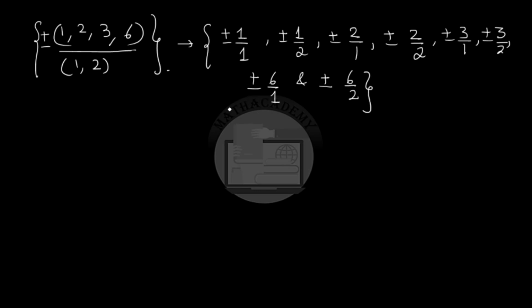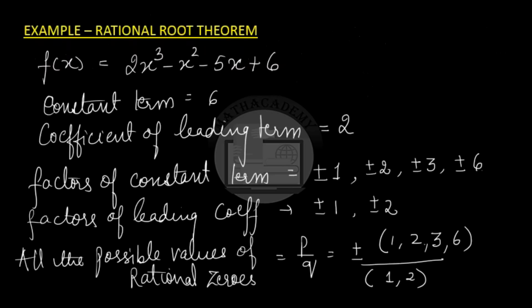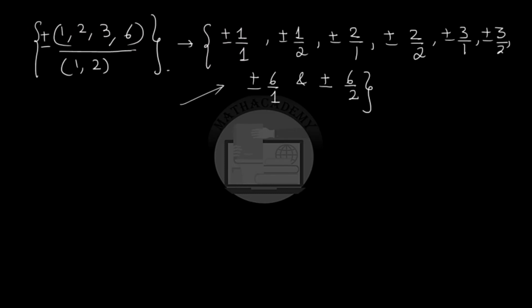These are all the possible values, and the rational zeros for that function will be some values from this given set. Now let us go back to our function once. Our function is 2x cube minus x square minus 5x plus 6. And what do we see?